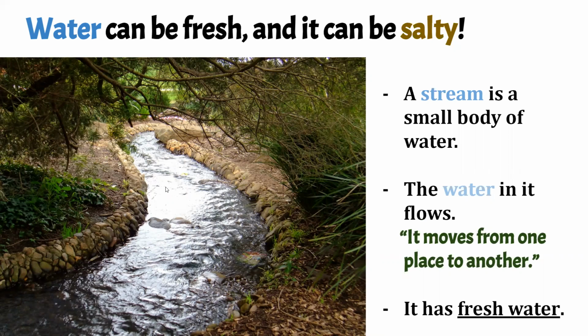This little tiny body of water is called a stream, and it's a small body of water. The water in it flows. It moves from one place to another. It doesn't stay in one place. And it has fresh water. It doesn't have salty water. Okay, المي اللي فيه مو مالحة، المي اللي فيه عذبة. Okay, so it has fresh water.